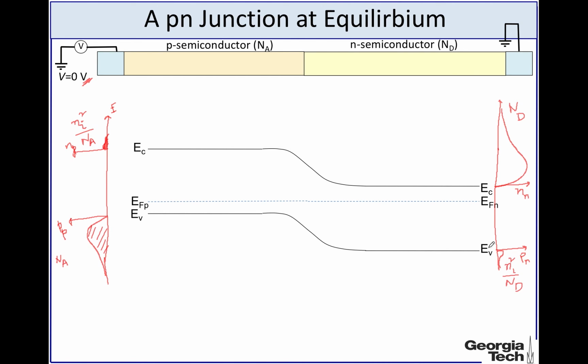Now let's look at the different current components. Here, this is p-doped, so there will be a very small number of electrons here, and these electrons will flow from the N side to the p side.